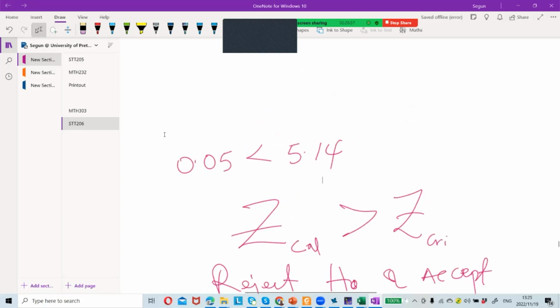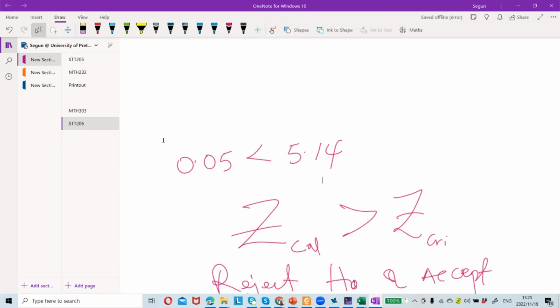Yes, I just want to contribute on the question that she's asking. Go ahead. I think from my own understanding, when you are calculating any hypothesis, you are calculating alternative hypothesis. And in any case that the alternative hypothesis is greater than the null hypothesis, that means you are going to reject the null hypothesis. But if it is less than the null hypothesis, that means you accept the null hypothesis.